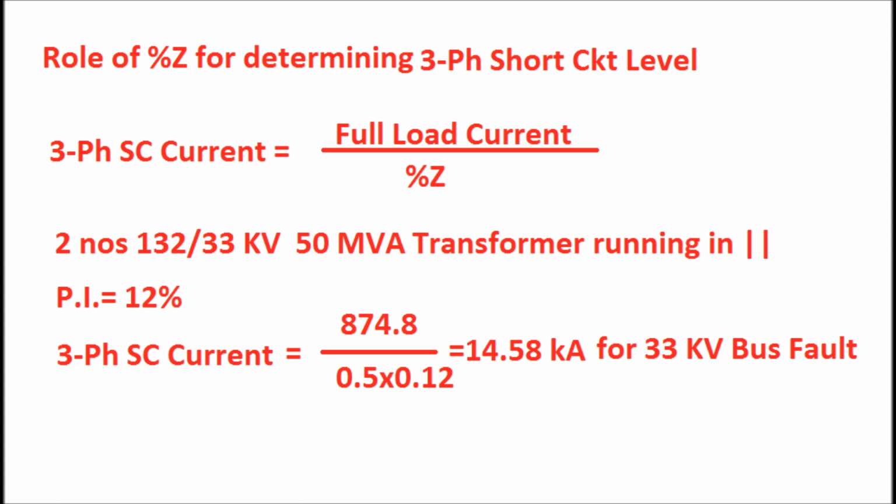Therefore, three-phase short circuit current will be equal to the LV side full load current divided by (0.5 into 0.12). Since the LV side full load current is 874.80 ampere, the three-phase short circuit current comes as 14.58 kiloampere for 33 kV bus fault.